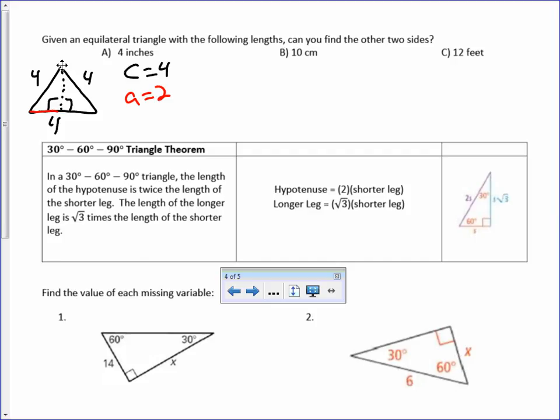So the only other thing we need to do is solve for the long leg. So we can set up our Pythagorean theorem. And we would get 2 squared, 4, plus b squared equals 16. b squared equals 12.